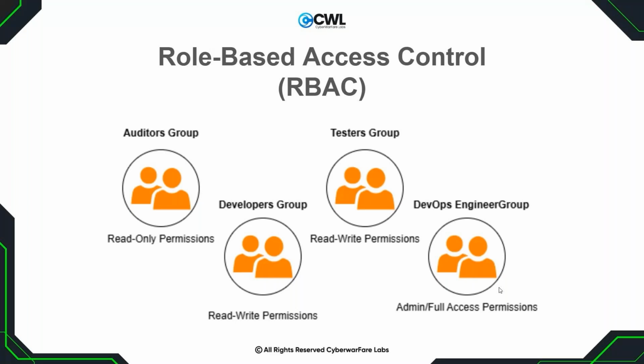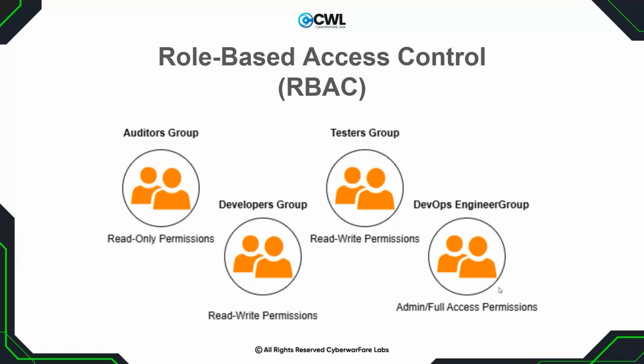And lastly, for DevOps, we can assign admin or full access. Full access permission grants unrestricted control over AWS resources, suitable for system administrators or DevOps engineers who need full management capabilities. This includes the administrator access policy, which allows all actions on all resources. So this is RBAC.